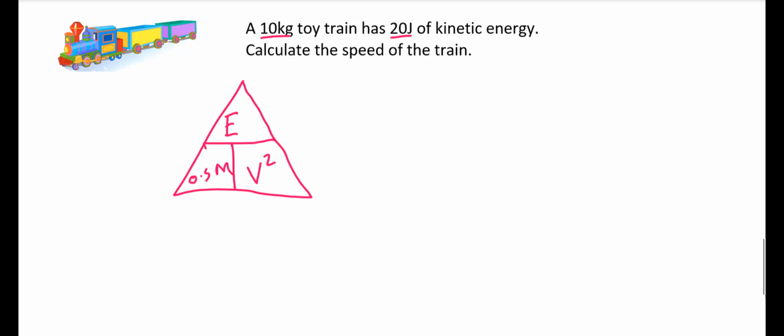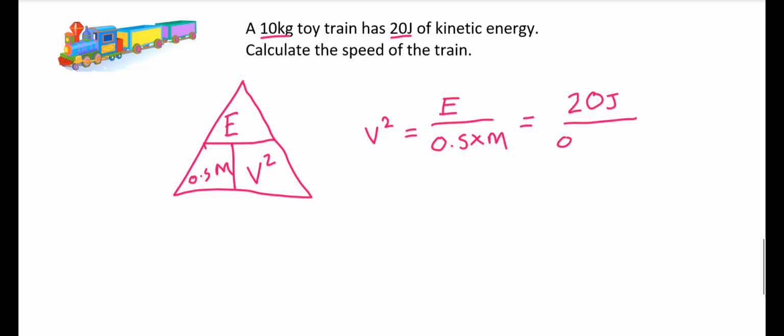So to work out the speed squared, it's going to be equal to the kinetic energy divided by 0.5 times mass. To substitute the numbers in, the kinetic energy is 20 joules and 0.5 times 10, as that's the mass of the train.